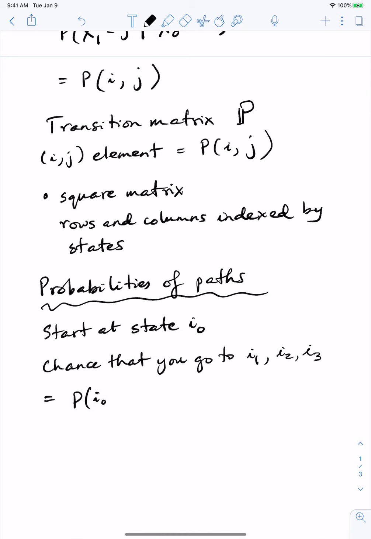You're starting at i0. In one step, you have to get to i1. Now, from i1, you have to get to i2. By the Markov property, you don't care that you came from i0, you just go from i1 to i2, and then to get to i3, you had to, in one step, get there from i2. And so if you have these transition probabilities, you can compute the probability that the chain takes any particular path.